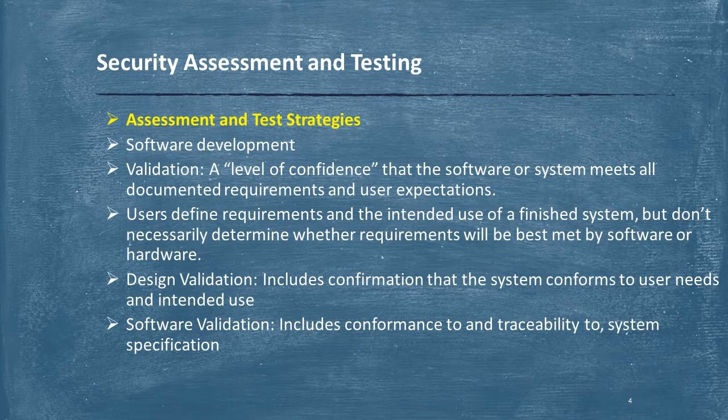Now, the level of confidence that the software or system meets all the documented requirements and the user expectation needs to be validated. Users define requirements, but how do you know that the requirements are met? Though users define requirements and the intended use of the finished system, and have already provided that detail, they don't necessarily determine whether the requirements will be met by the software or hardware.